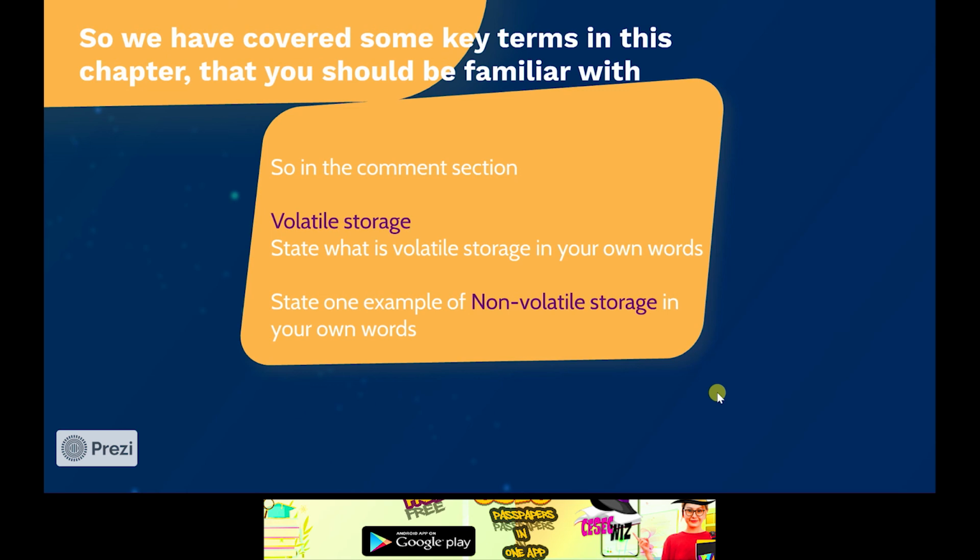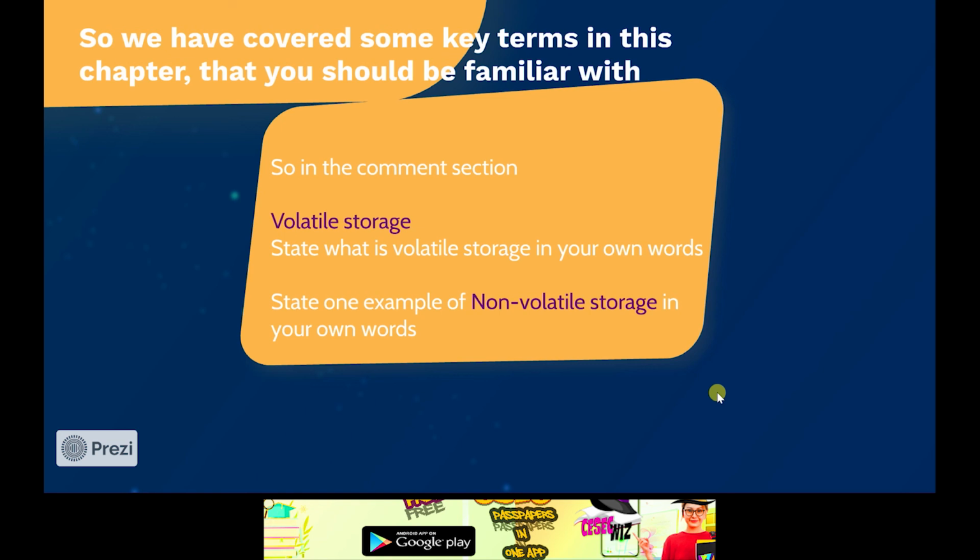Alright, so here comes your first quiz. So far we have covered some key terms in this particular chapter of this video, and you should be familiar with these terms. If you're not, please look them up and give me an answer for this in the comment section. So tell me, number one, in your own words, what is volatile storage?